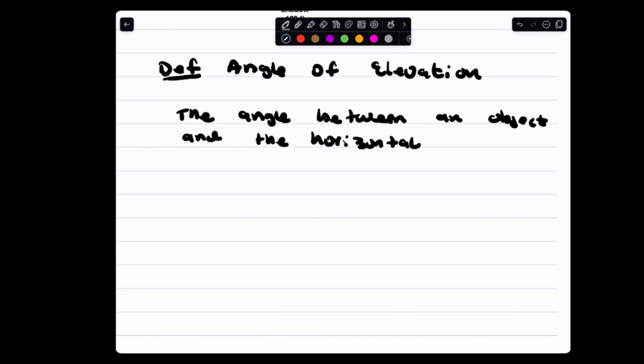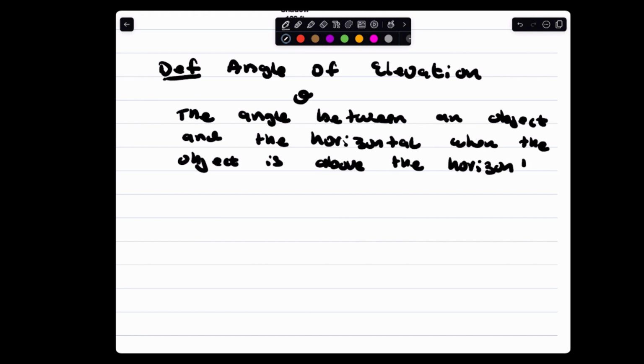Okay, the angle between, I'm going to call it the angle maybe theta, between an object and the horizontal when the object is where? Above the what? Horizontal. That's called the angle of elevation.